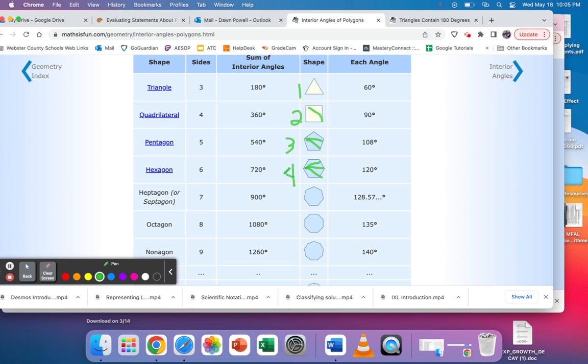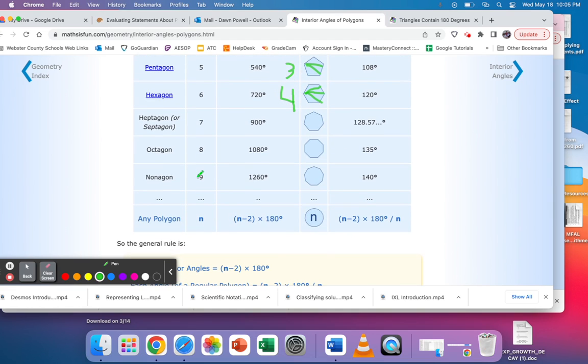Just looking at the pattern of the numbers, I discover that however many sides they give me, there's always two less of the number of triangles. So if I have a nine-sided shape, I automatically know there's going to be 7 triangles. Thus, in that formula, they always take the number of sides, subtract 2 first, then multiply it by 180.